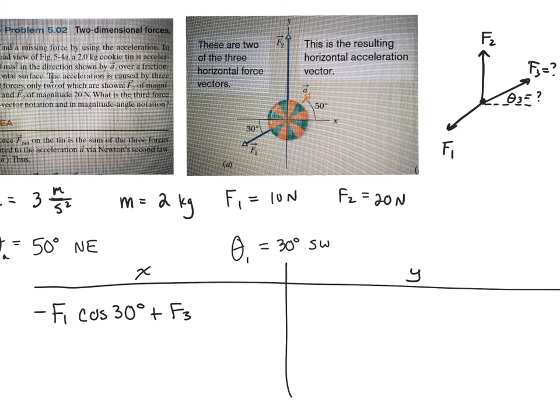So the easier way is just to leave F3 alone for now and call this F3x, the x component. Don't even put the angle theta in there, just put the x component and set that equal to m times a cosine 50. Why is the acceleration times cosine of 50 in this problem? Because that's the angle it's at. Acceleration is at an angle, which means the acceleration is to the right and it's upward.